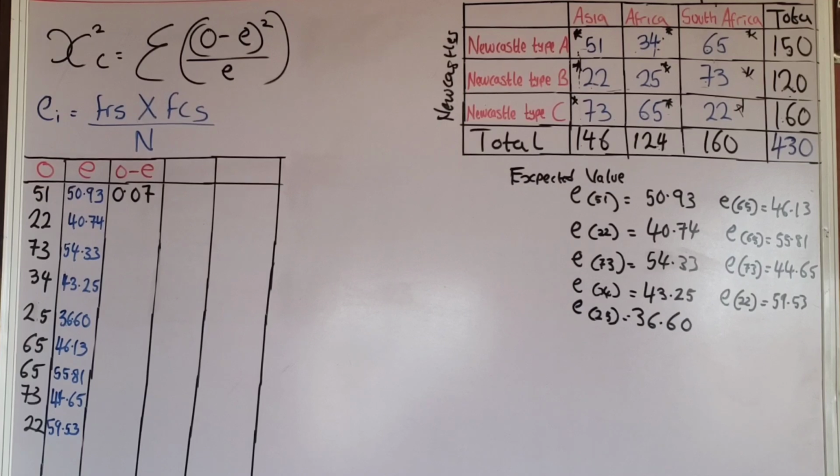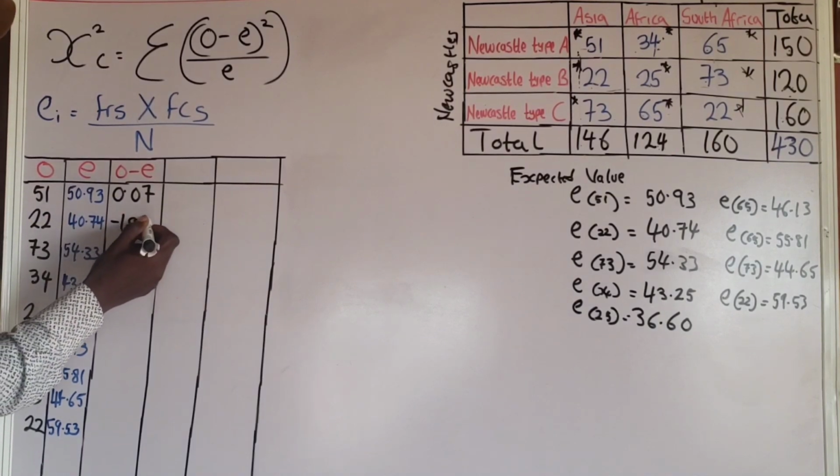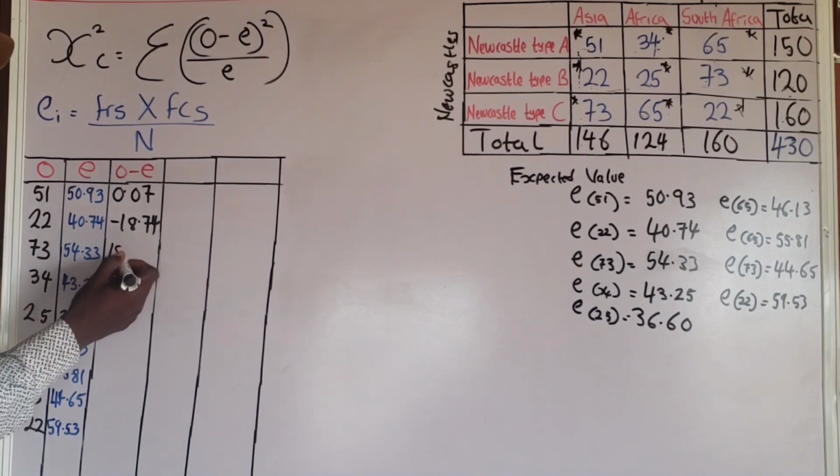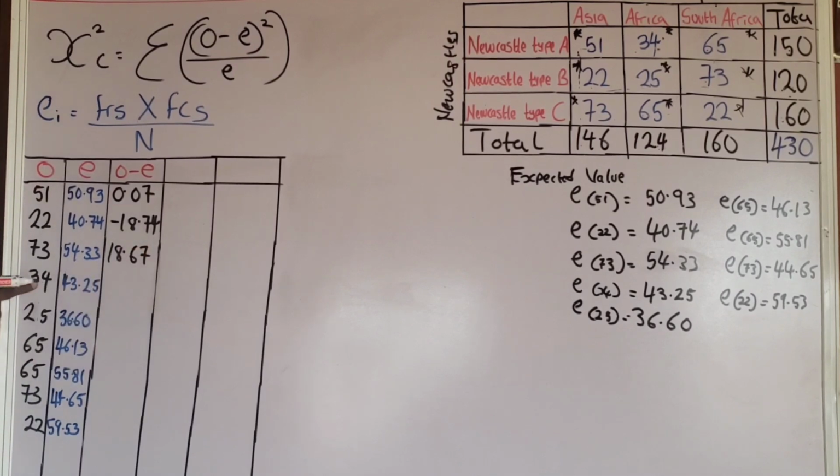Now 22 minus 40.74, that is negative 18.74. Okay, 73 minus 54.33, that is 18.67. Now 34 minus 43.25, that is negative 9.25.